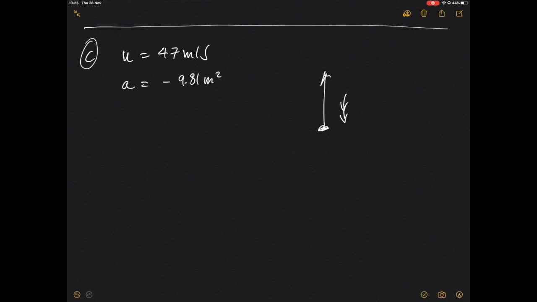If u equals 47, then our final velocity must equal minus 47. So it's gone all the way up and come all the way down. So v equals minus 47 meters per second.